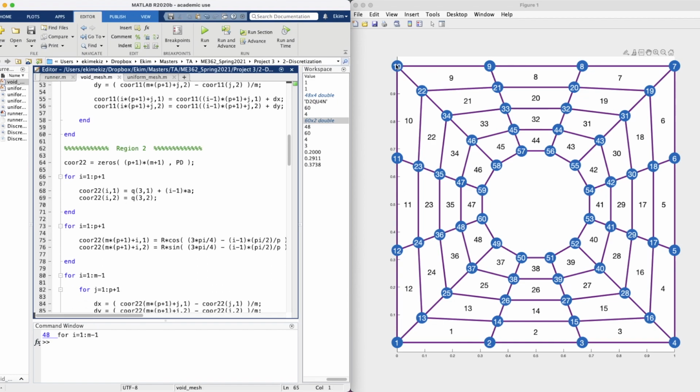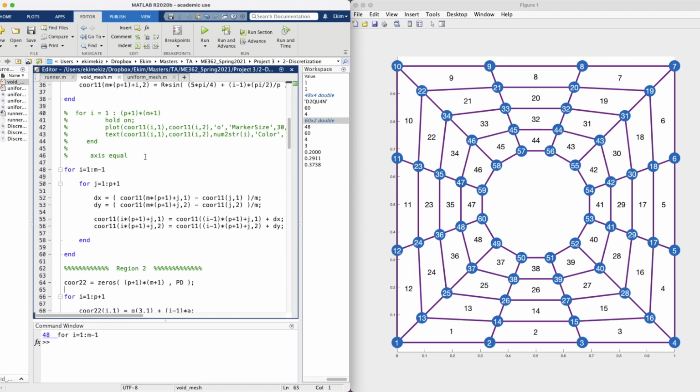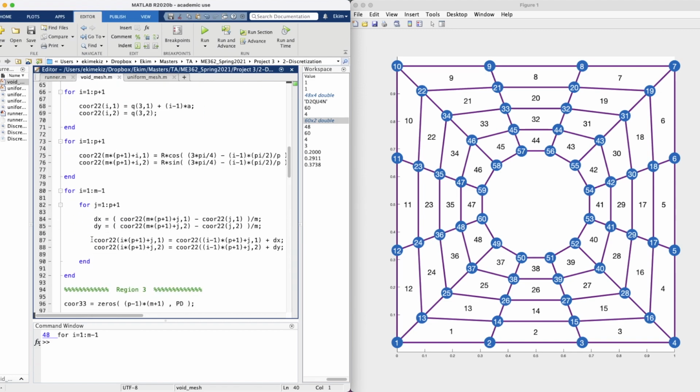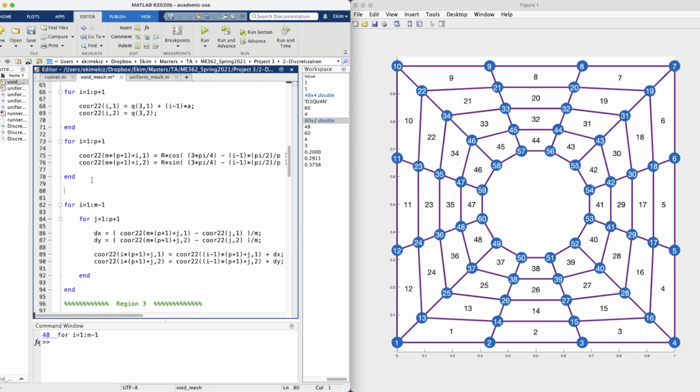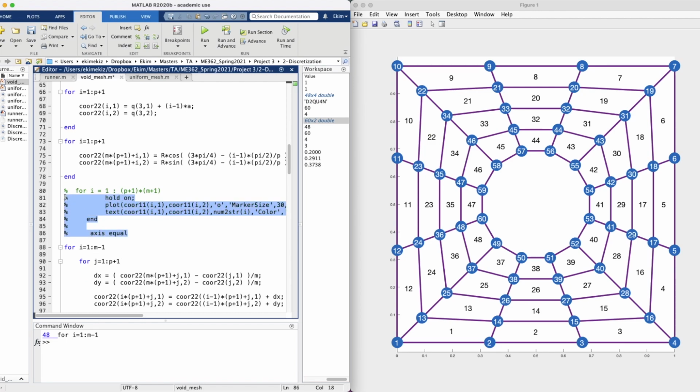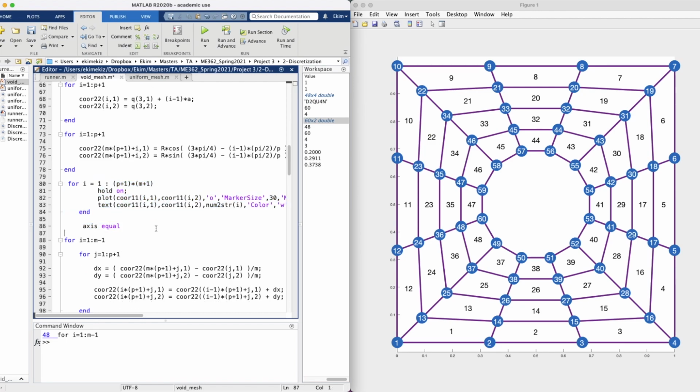So remember, region 2 was this. So we do pretty much the same thing. We first generate the nodes here. So I can actually plot that again, and we can see what happens. So let me do that.